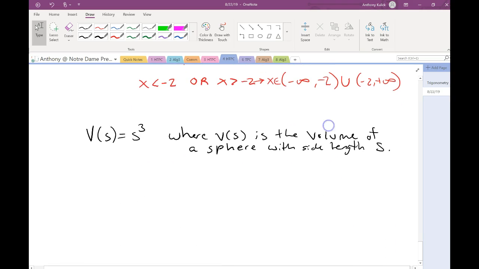And our last example here is going to be V of S equals S cubed, where V of S is the volume of a, not a sphere, you dummy, that's a cube with side length S. What would the relevant domain be here? About the context of what we're talking about.